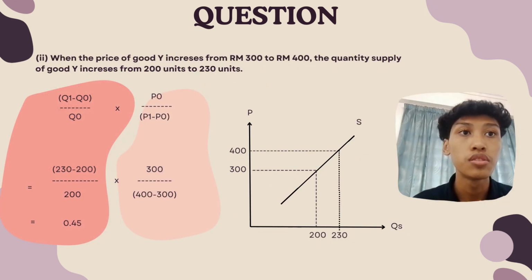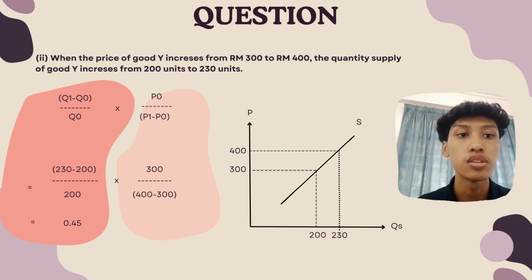Then question 2 Roman. When the price of good Y increased from 300 ringgit Malaysia to 400 ringgit Malaysia, the quantity supplied of good Y increases from 200 units to 213 units. 213 minus 200 divided by 200 times 300 divided by 400 minus 300.